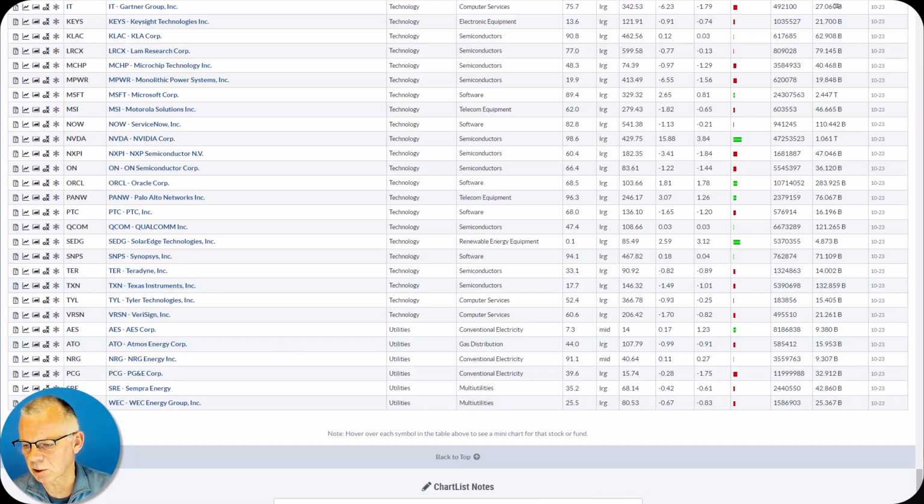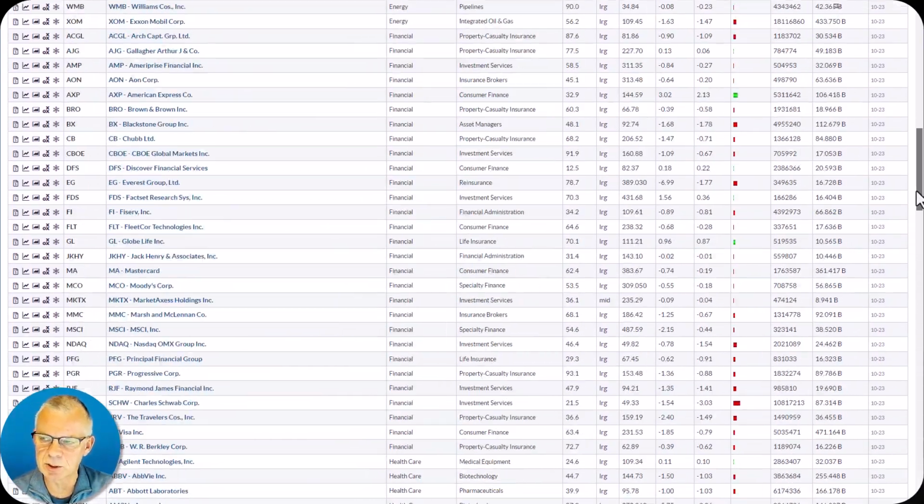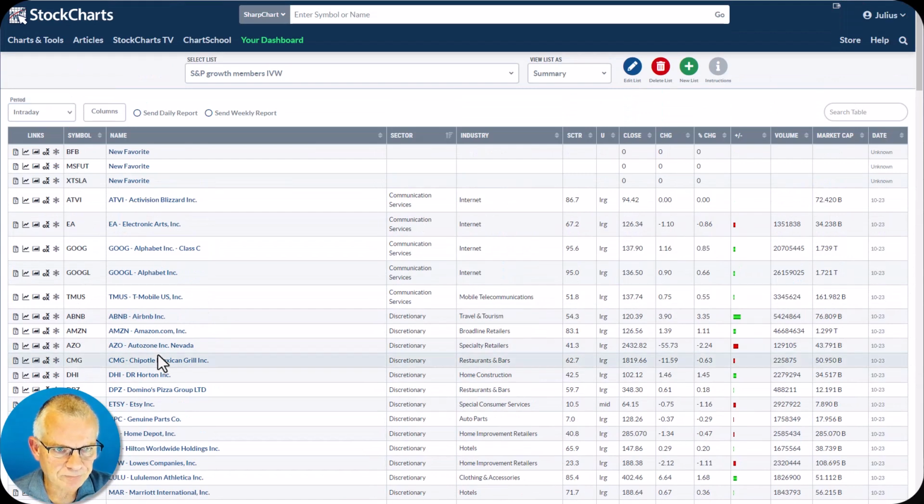These 241 names are the stocks that, according to S&P, are considered to be growth stocks. They run that entire universe through a ton of metrics. So these are growth stocks.